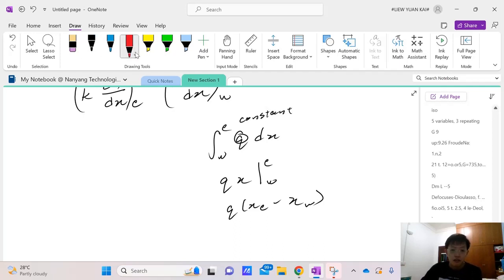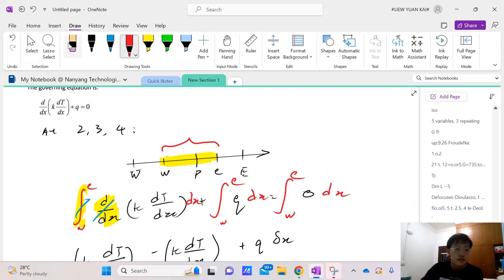Okay, and let's have a look. What is this thing? Let's go back to the diagram. This is x east. This is x west. So x_e minus x_w is actually the distance between them, right? Which is delta x.